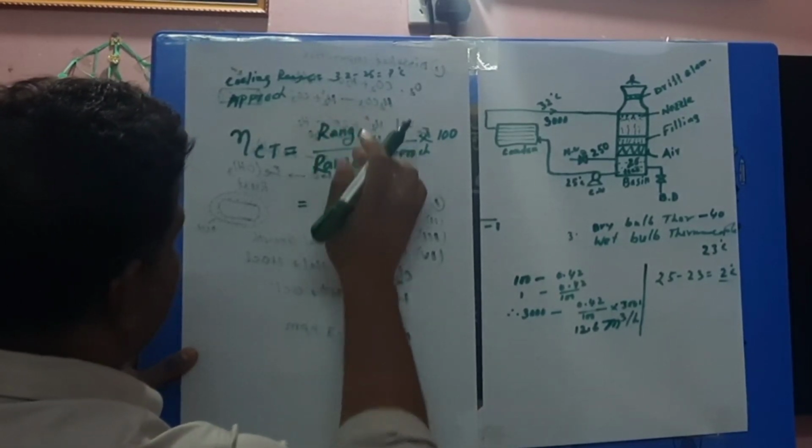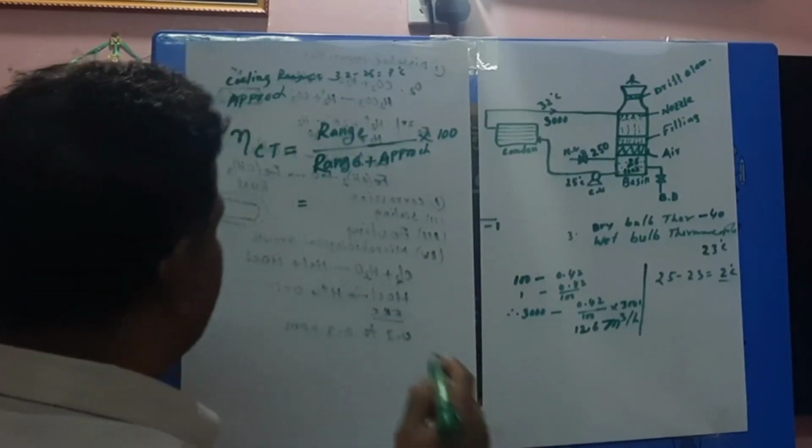So if I calculate this, how much efficiency is coming in our cooling tower? Range means how much temperature decreases by this cooling tower.